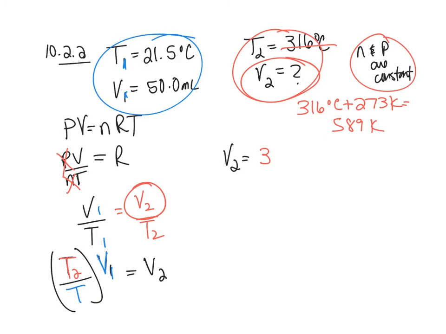And then what about T1? 21.5 is 294.5 Kelvin.